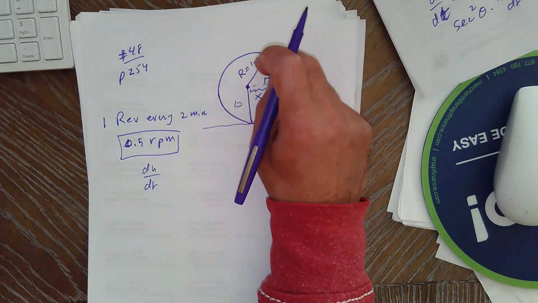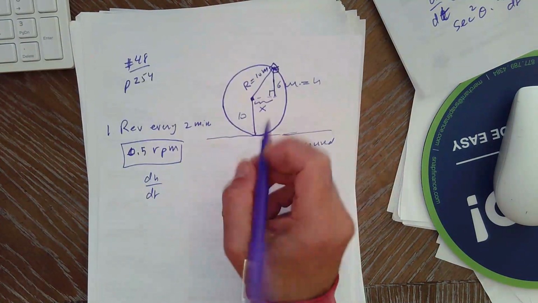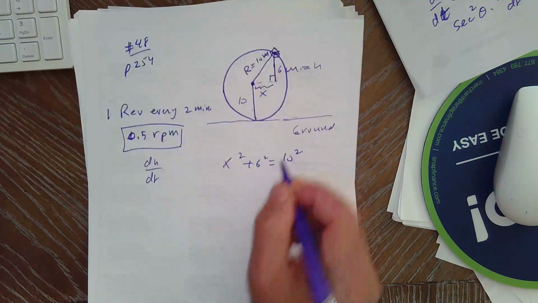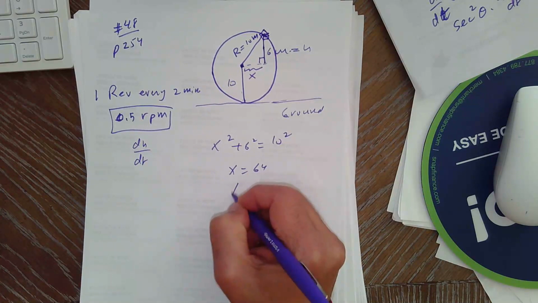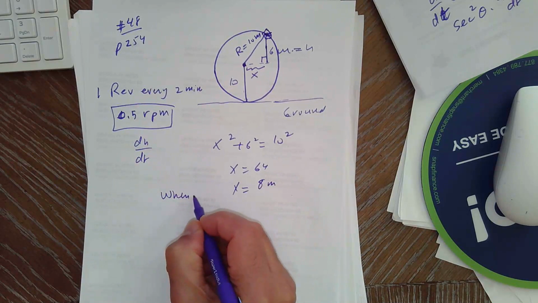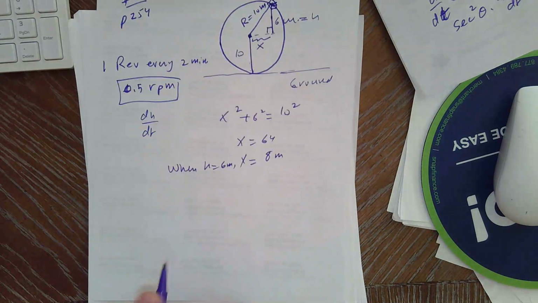So right when h is 6, we can use the Pythagorean theorem. x squared plus 6 squared equals 10 squared. So x squared equals 100 minus 36, which is 64. So x is 8 meters. Right when h is 6 meters, x is 8.